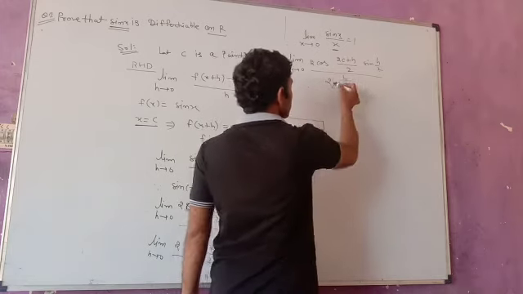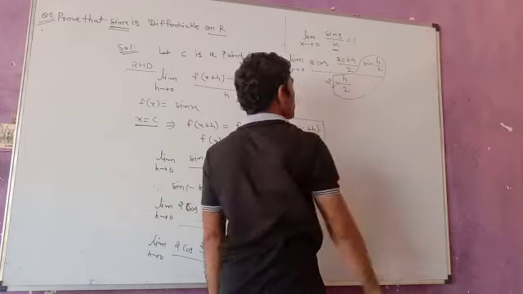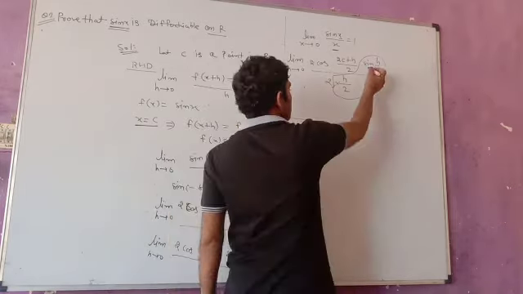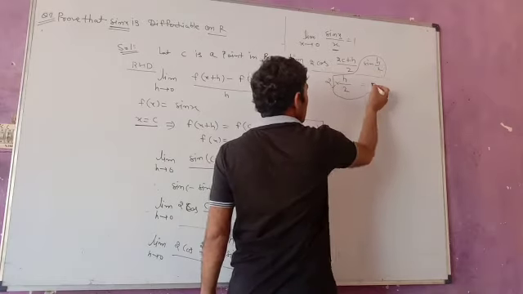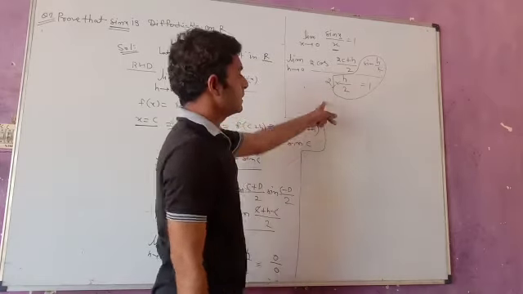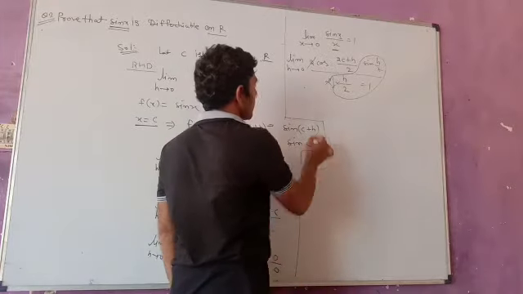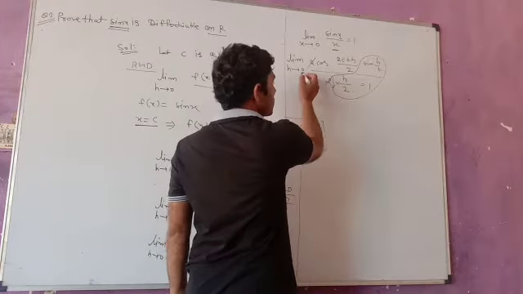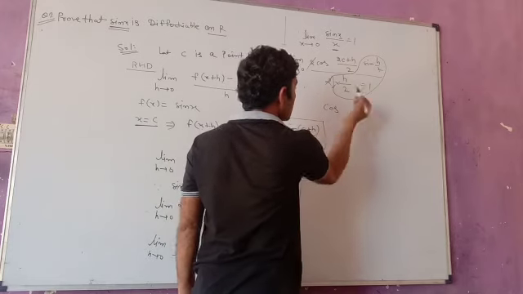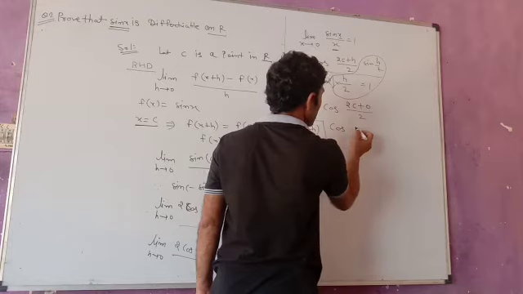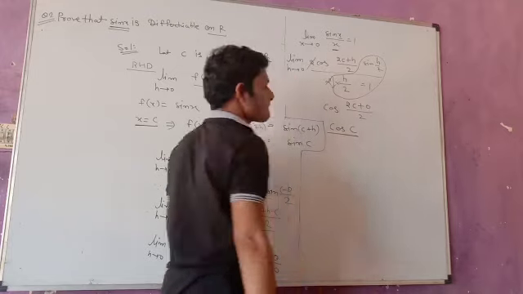Now we have sin(h/2) upon h/2, a standard limit, the value of this expression is equal to 1. 2 and 2 cancel out, and applying limit h tends to 0, we have cos (2c plus 0) upon 2. Finally we have cos c.